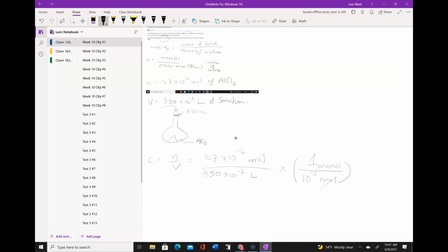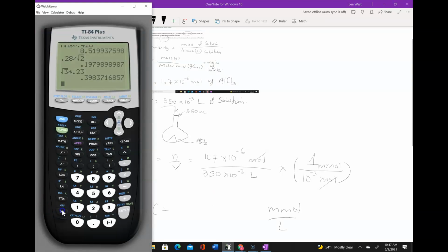And now we're going to cancel our units before we put anything into the calculator. And sure enough, what we're left with is our concentration in millimoles per liter, just like we wanted, and we're going to round that to 3 significant figures. So it's important that you get used to using the scientific notation feature of your calculator. 147 times 10 to the minus 6 divided by 350 times 10 to the minus 3 times 1 on 1 times 10.